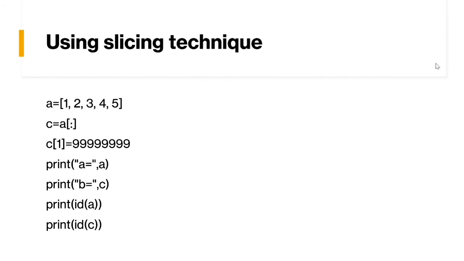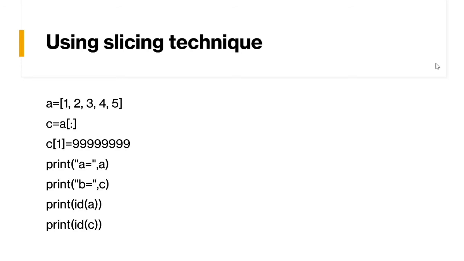Here I have my original list, and I have just created a new list named C, and I have just passed the value of my list through slicing. If I skip the start and the stop parameter of the slicing syntax, then it will consider the complete list. And then we have just verified the ID and the value of both the lists, right?